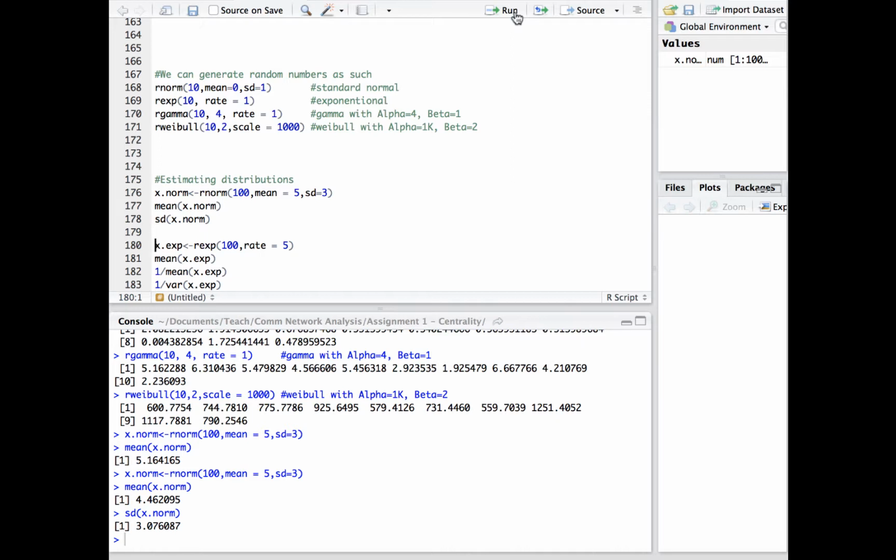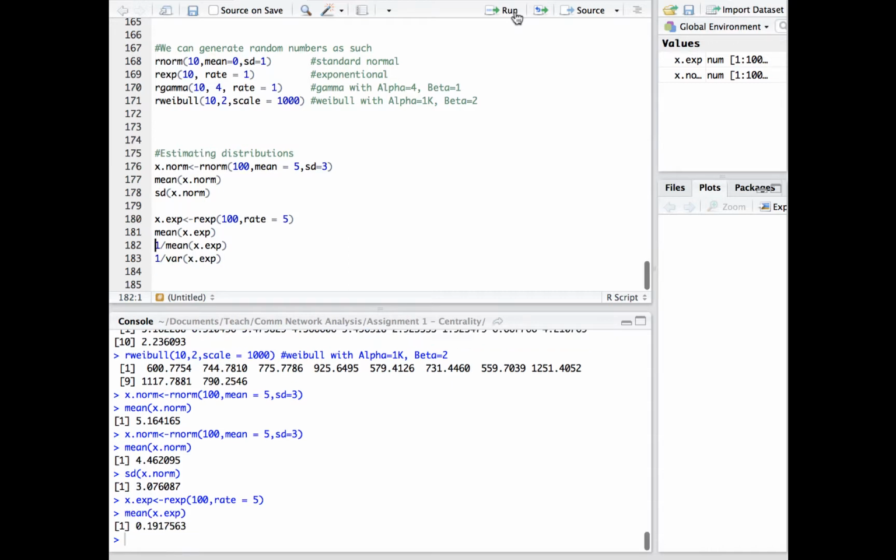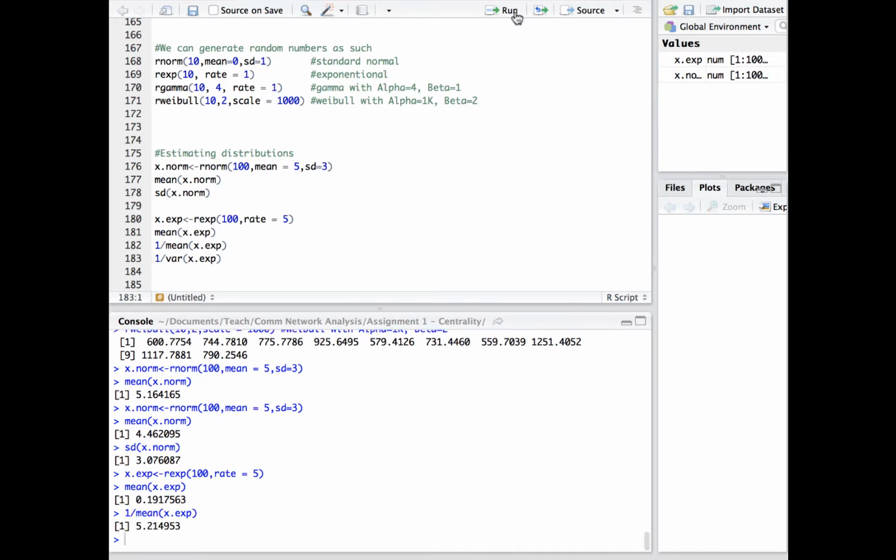Okay, we can do the same thing with an exponential. So if I create another random variable for exponential, and then I estimate the mean, what should the mean be? Well, the mean should be 1 over 5, because that's what we know about the exponential random variable. So let's see if that value, 0.19, is 1 over the mean. So you'll see that is approximately 5 for that lambda, or that rate parameter.